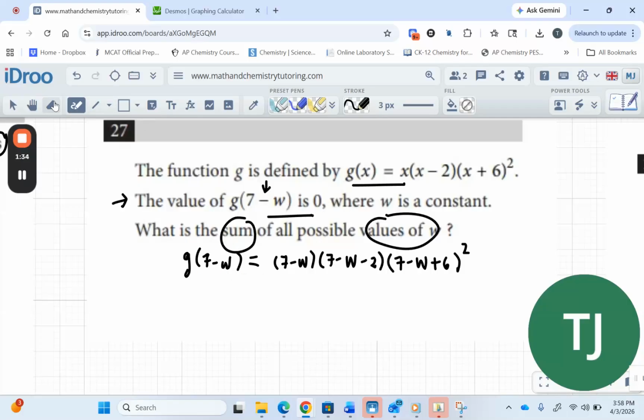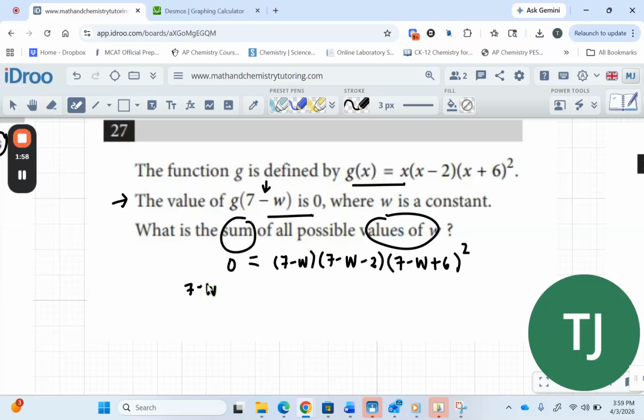Once we have replaced all the x with 7 minus w, that's equal to 0. Now, this equation is in factored form. We learned before that if the equation is in factored form and it's equal to 0, we can equate each factor to 0. So let's do that.